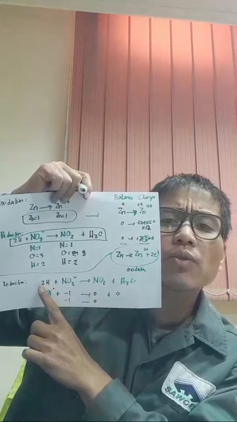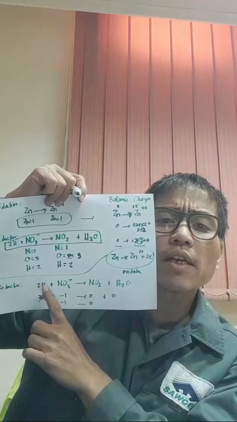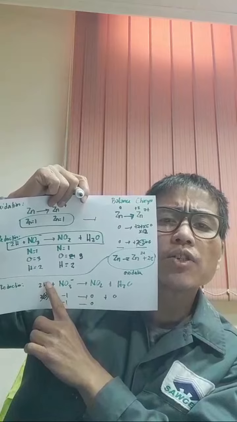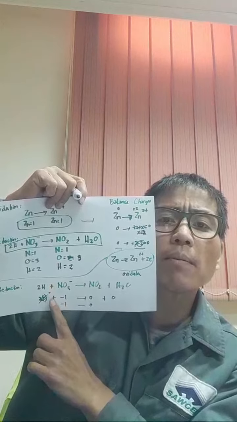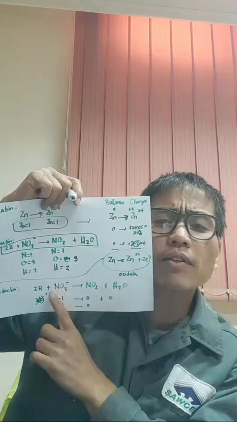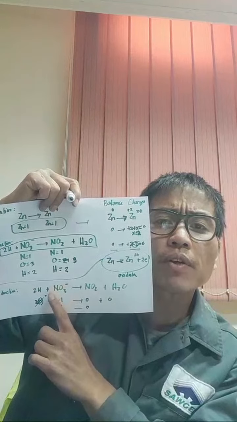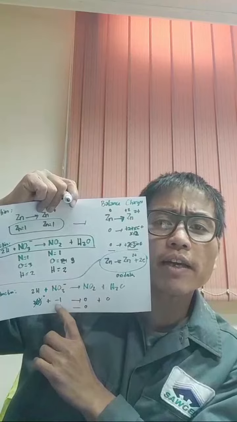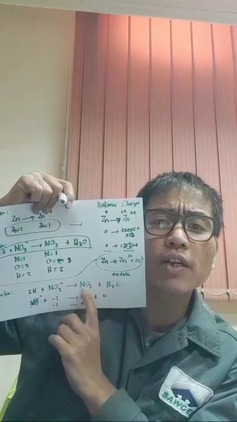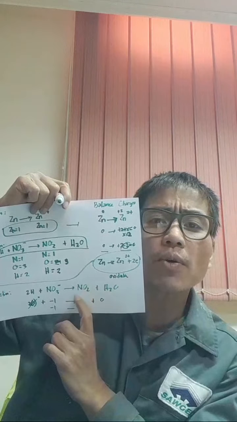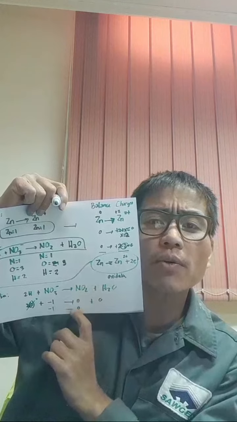So this is 2H, so this is 0 charge. 2 times 0 plus nitrite is negative 1 here. So 1 times negative 1, that is negative 1. And then for NO2, there's no charge outside of this NO2, so that is 0. 1 times 0, 0.